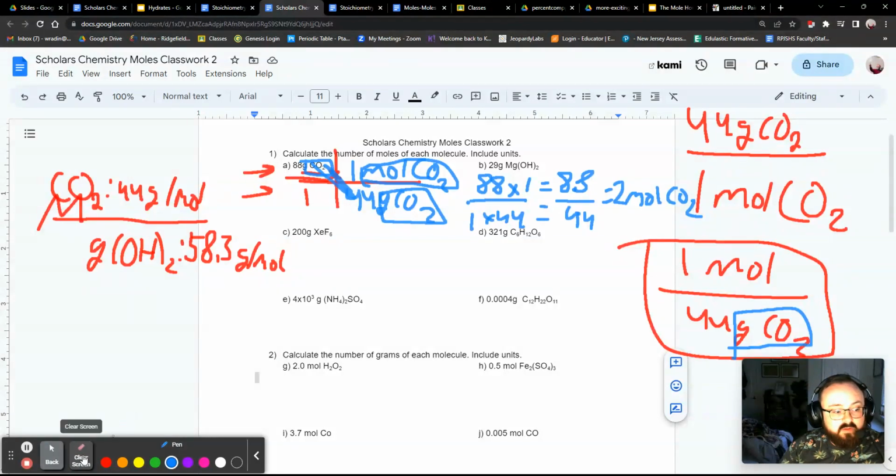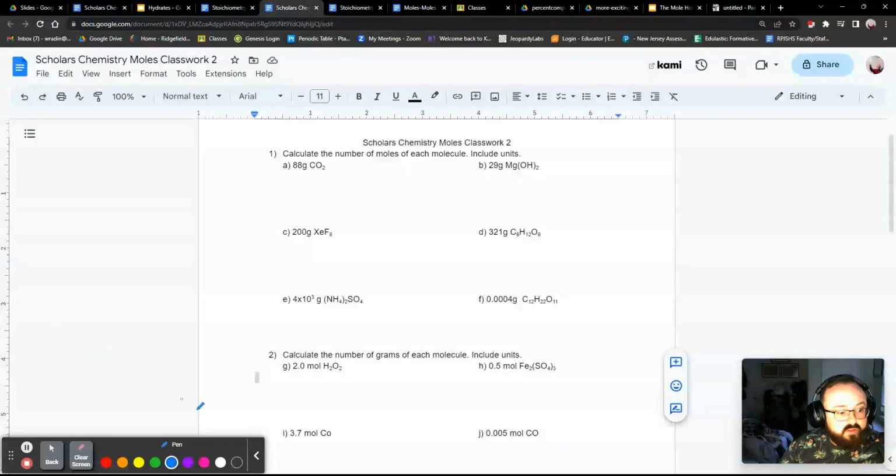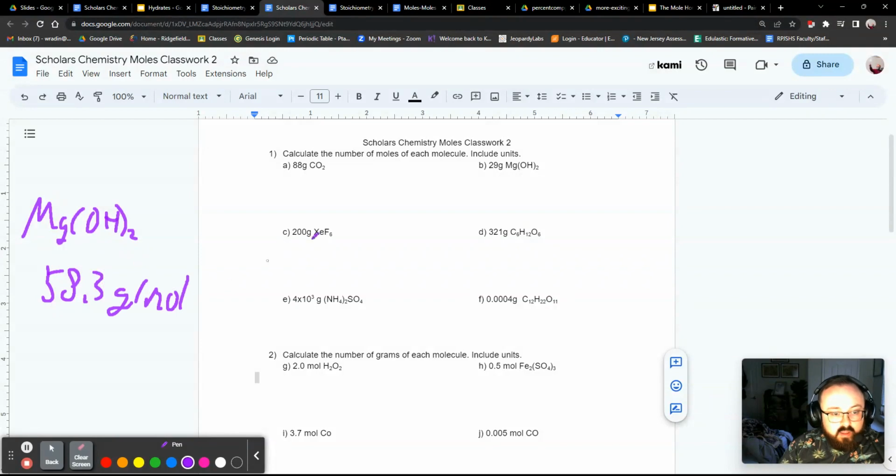I'm going to have to clear the screen. For MgOH2, we had a molar mass of 58.3 grams per mole. So here I have 29 grams of magnesium hydroxide. Set it up over 1.